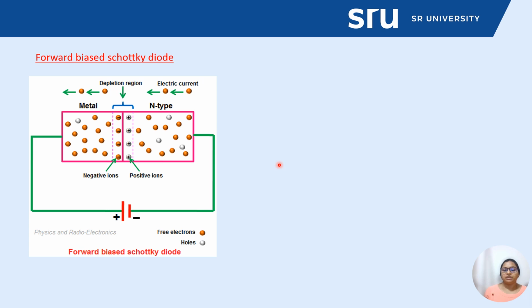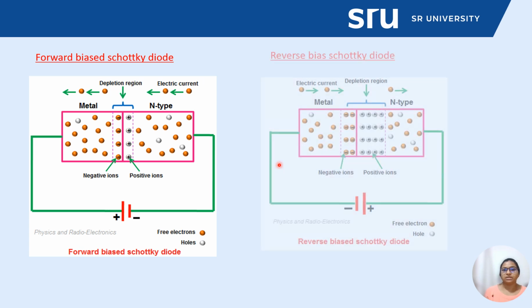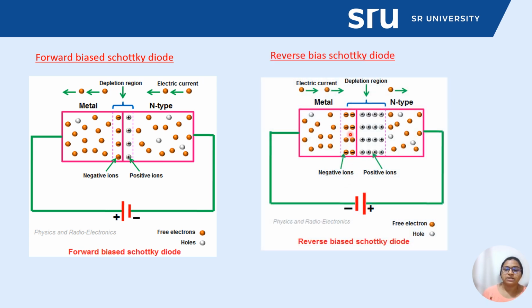Now let us look at reverse bias. In reverse bias, the negative terminal of the battery is connected to the metal side and the positive terminal of the battery is connected to the n side.